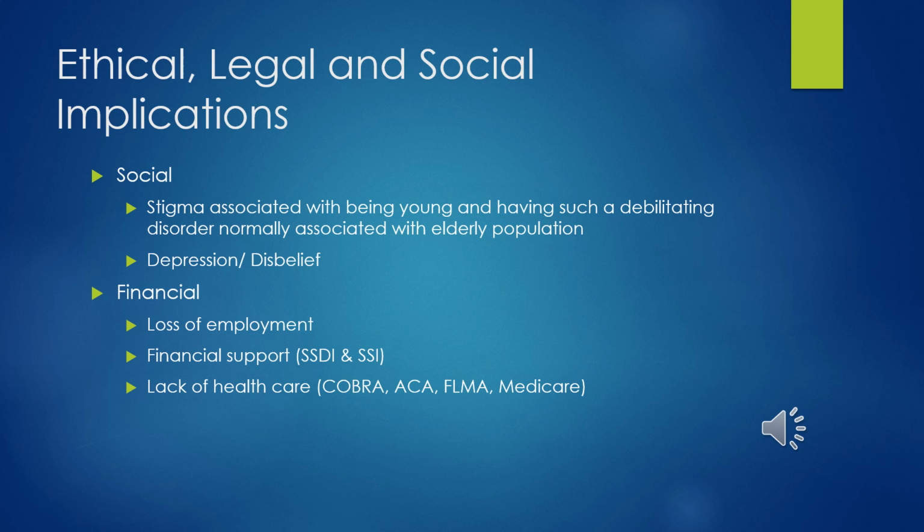Also, we think about when you don't have your job, you're going to lack health care. COBRA is an option, but we all know COBRA is very expensive. There's things such as ACA. There's Medicare. There's FMLA. All these things are available to help out financially.